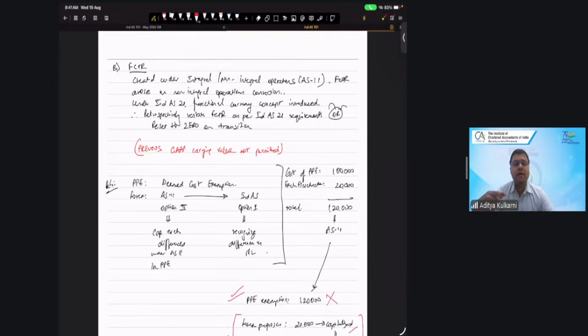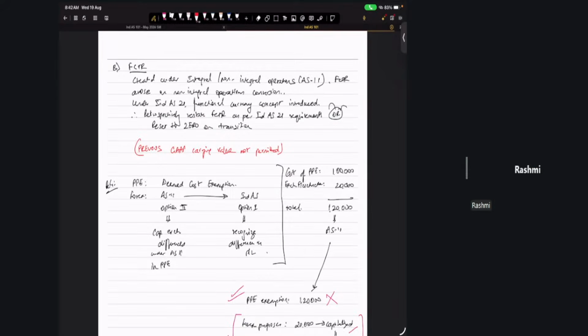Once I have committed a sin, I will keep committing it. So the whole objective in this case is, either you recalculate the FCTR right from the beginning for a perfect convergence, or make the FCTR 0 and take it to retained earnings. That is all. Did you understand this?